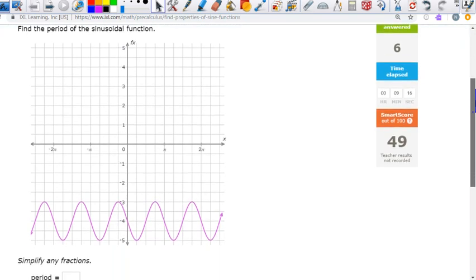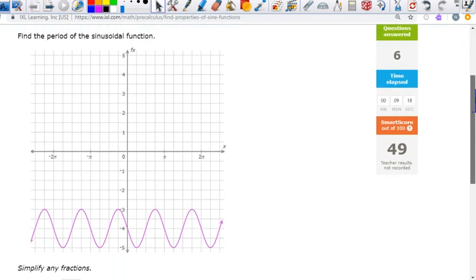Finding the period of the sinusoidal function. I'm going to be a little bit less explanatory at this rate, but each one of these units is pi over 4, 2 pi over 4, 3 pi over 4, and pi, that is equal to 4 pi over 4.